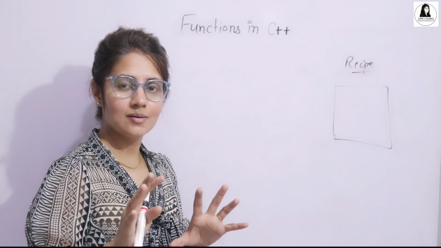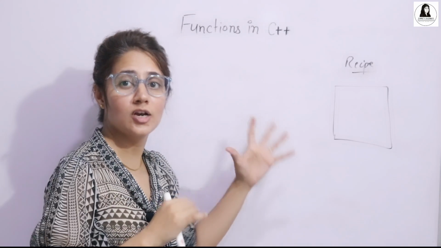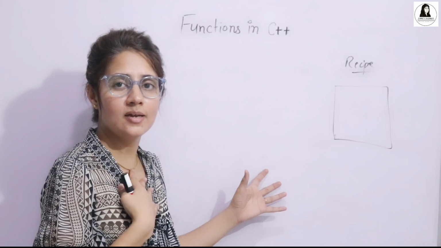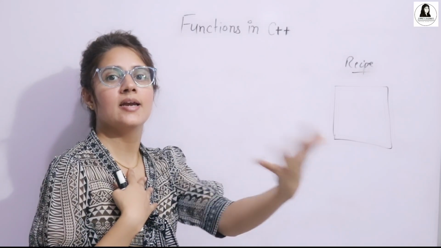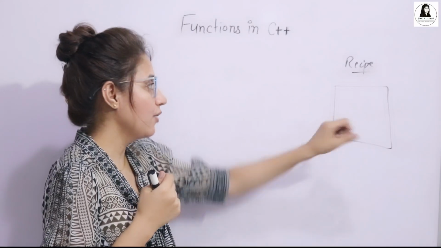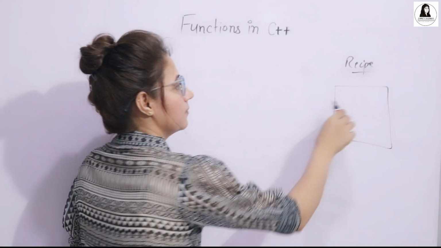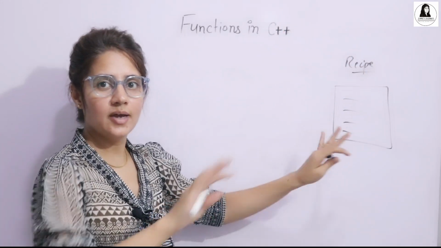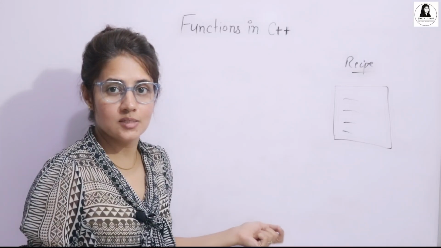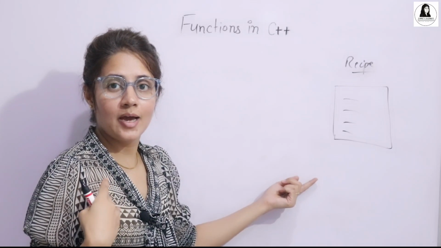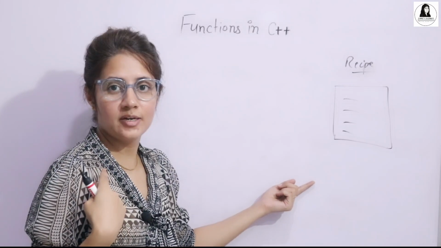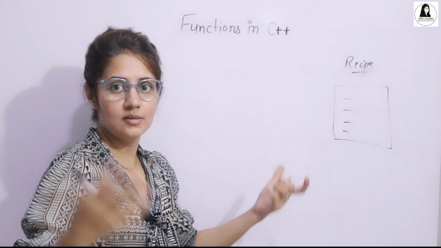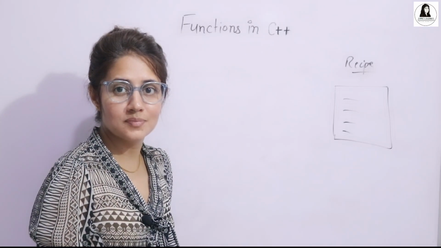I don't need to tell every friend the same steps again and again, because I have written all the steps here one time only. They'll just read it and make idlis. So it saves my time and energy. I can utilize my time in doing some other meaningful work.